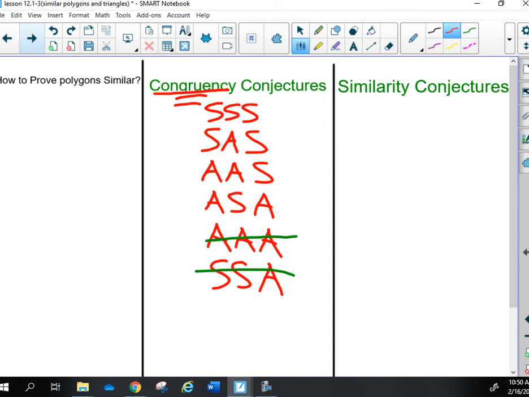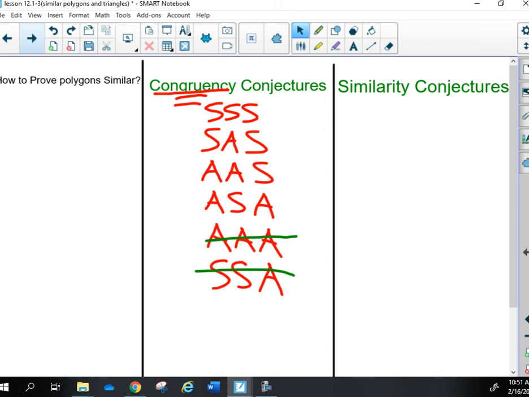What I'm curious about is which one of these is going to work when we're talking about similarity. And there are shortcuts, so that if you have these things right here, you don't have to get all the sides, you don't have to get all the angles equal.